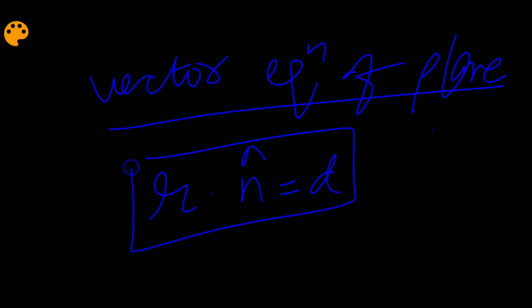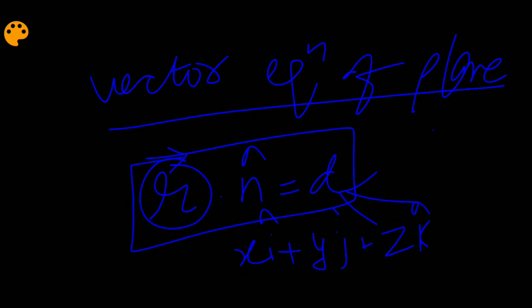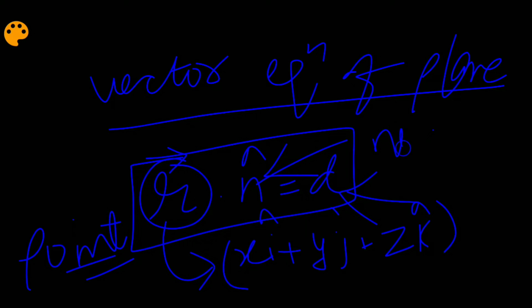where d is the distance from the origin and r is a given vector. For example, this is a plane, and r is xi plus yj plus zk, this is a simple position vector, and this n is a normal vector to the surface, or a perpendicular vector to the surface, the normal unit vector.